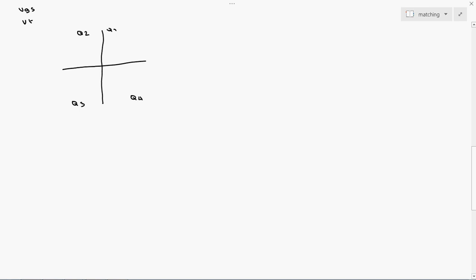Without common centroid, with interdigitization, we handled only Q1, which means one direction. We didn't try to reduce the process variation in the y direction, only in the x direction. Whenever we come to common centroid, we have to try to reduce the errors in both x and y directions.